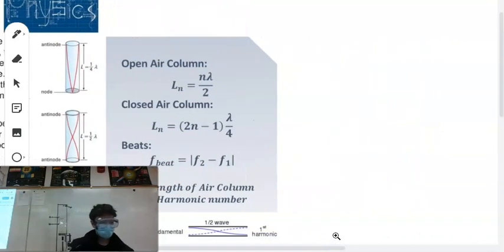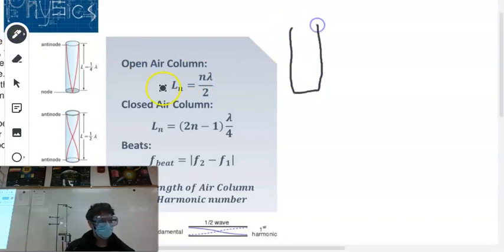For a closed air column, draw a closed air column. Now the first one goes from node to antinode. I can draw it a little bit shorter, well the wavelength shorter, if I go from node, not to the first antinode, but to the second antinode, like this.